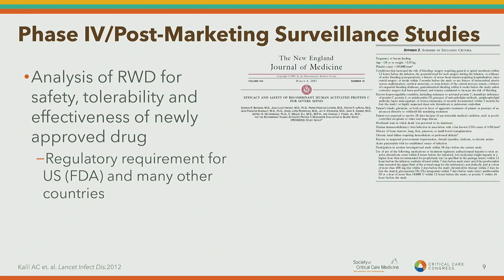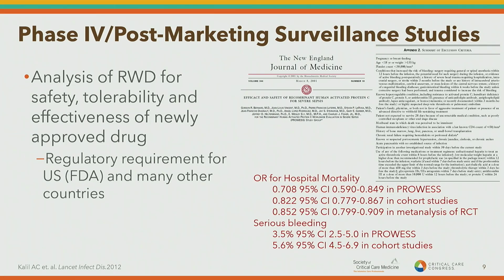An example of that is Xigris, which was originally put on the market after the publication of the PROWESS trial. And then the company collected data both in terms of observational cohorts as well as subsequent randomized controlled trials. So there's a couple of things to note there.